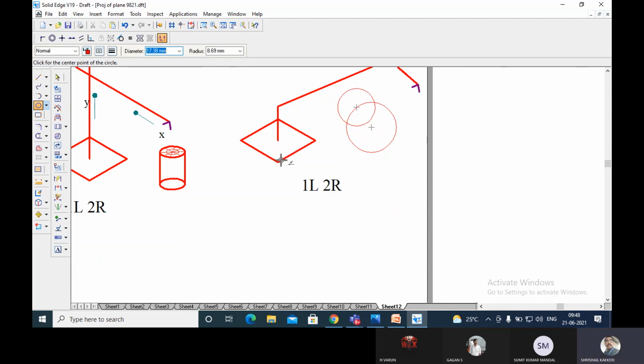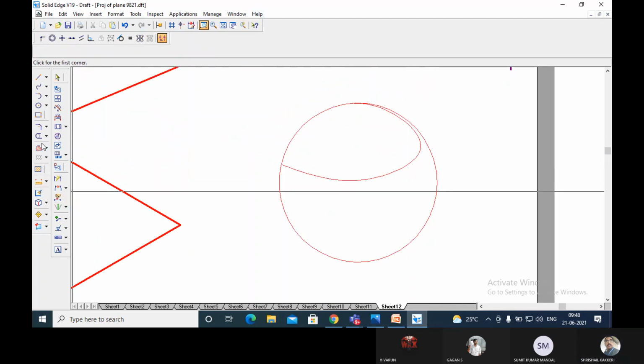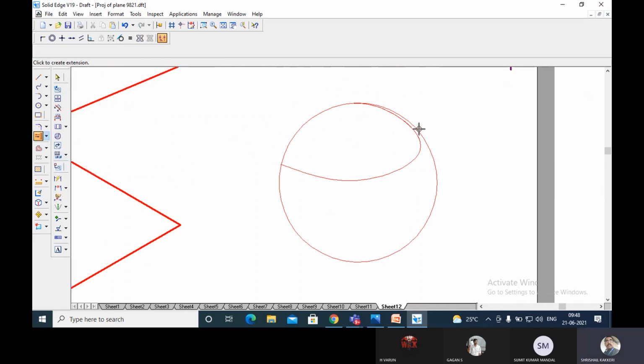It will be just like this. It will be a sphere, spherical shape. In the form of a sphere it will be. You can see that it will be in the form of a sphere. It is like this.